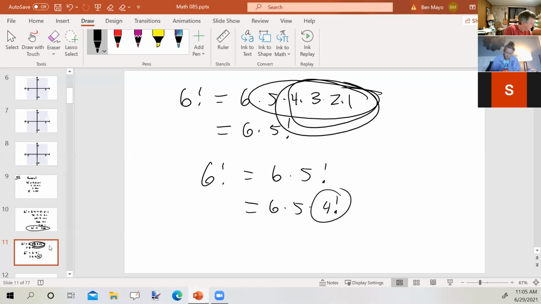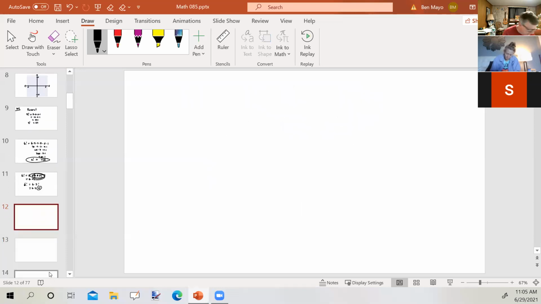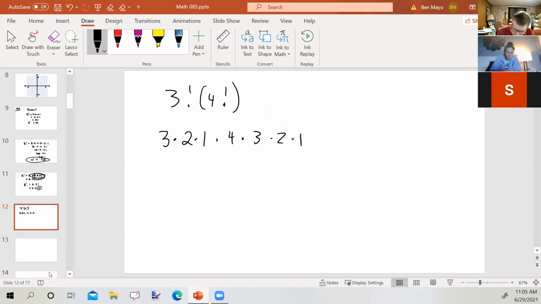Okay, let's see here. First of all, let's take a look at this. We've got 3 factorial times 4 factorial. So 3 factorial would be 3 times 2 times 1, and 4 factorial would be 4 times 3 times 2 times 1.